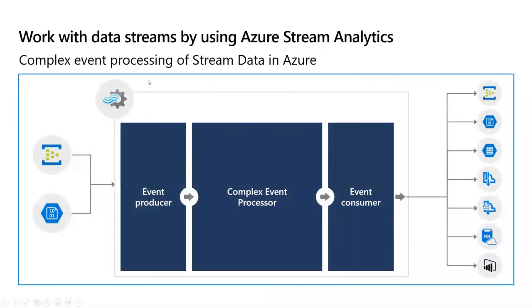So here you have the schema, how it works, like from the event hubs or from a blob, takes that on the event producer, complex or even processed, the complex event processor is going to process those data, finally to be consumed from another, for instance, event hubs, or to store that, or to get that into database or visualizing that.